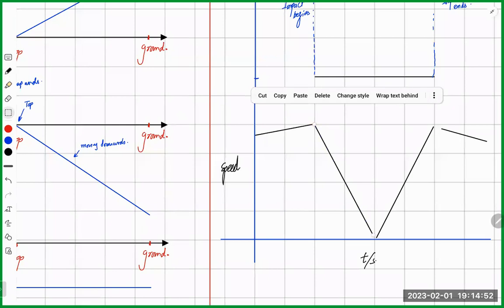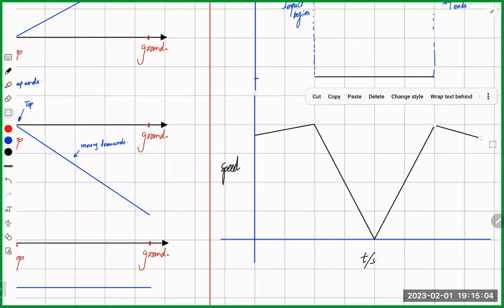When impact begins, kinetic energy starts to convert into elastic potential energy, speed decreases. Then when elastic potential energy starts coming back to kinetic energy, speed increases. And then when the object starts to rise again, speed again decreases with the same acceleration as it was increasing. So this is the graph of speed against time.